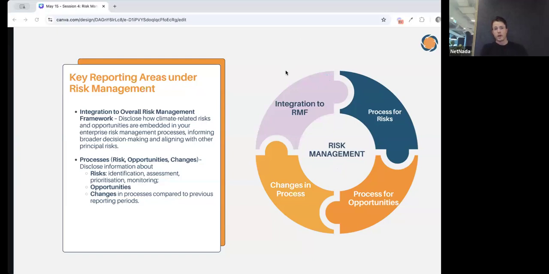So risk identification, we're clearly explaining how your organization identifies climate-related risks. Are we using scenario analysis? Are we doing supply chain mapping? Are we doing regular scanning of government legislation or possible regulatory changes? Are we doing site-specific analysis?